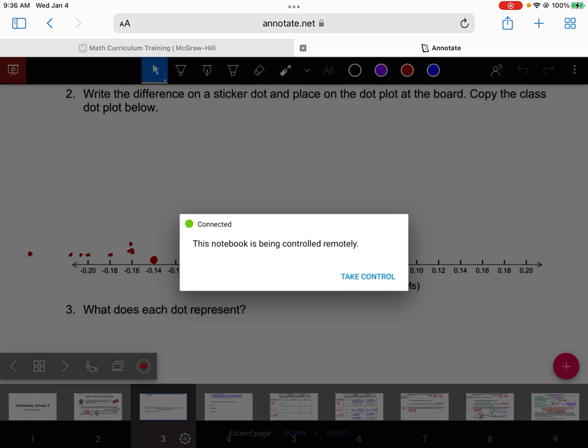I'm sorry, I'm right in the way. Go ahead and copy the dot plot into your notes as well.